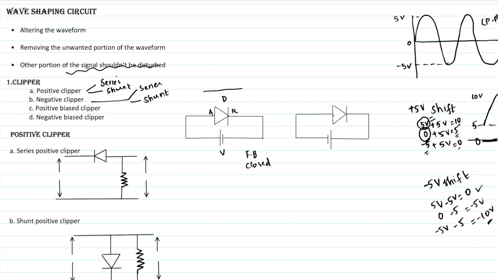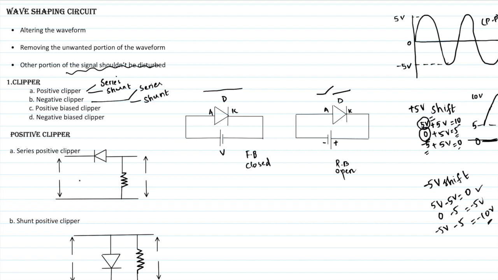If diode's anode is connected to negative, then it means that diode is reverse bias and diode will act as an open switch. The circuit will become open. So this concept we have to remember for the entire process of clippers and clampers.